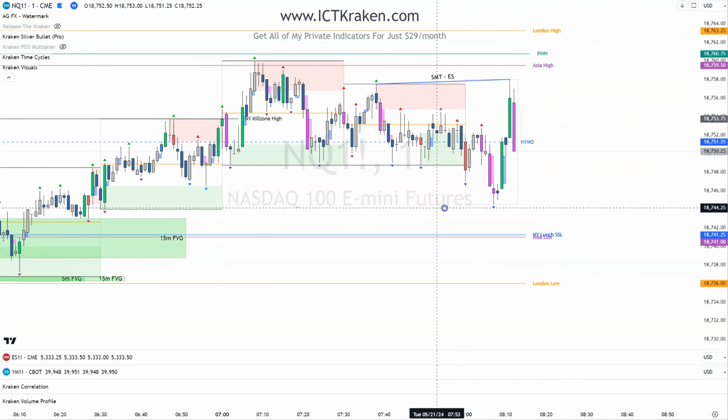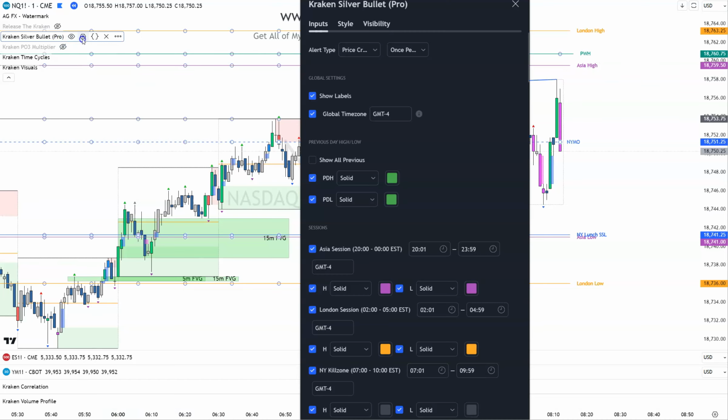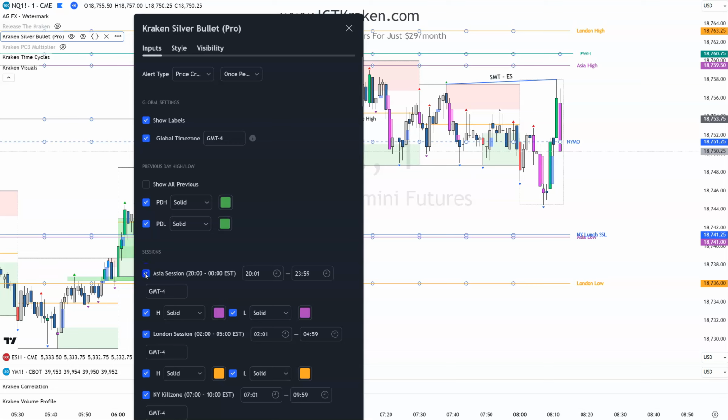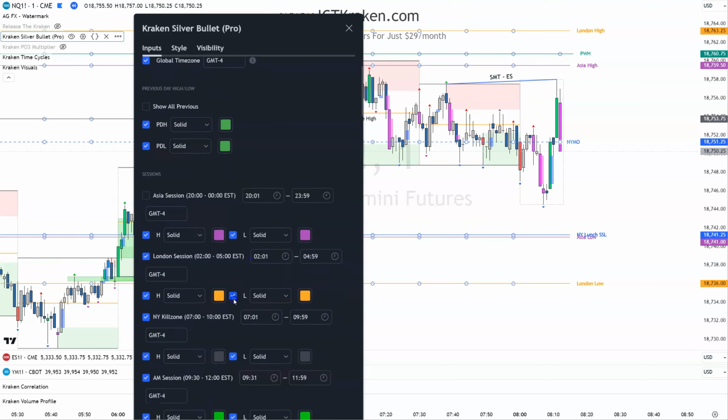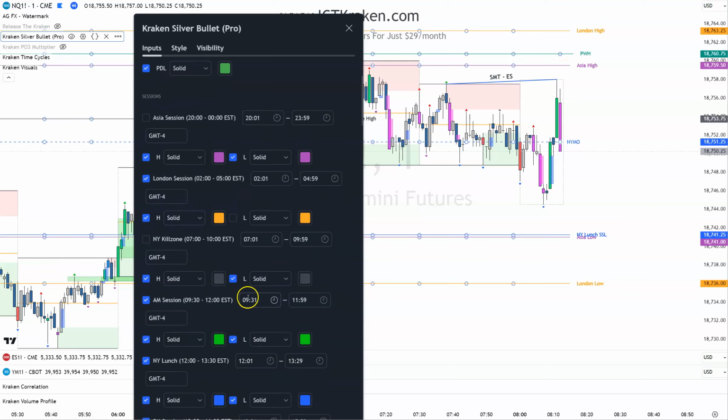All right, let's see. We were looking to see if there's any liquidity left. So Asia high has been taken. Asia low has been taken, obviously. So Asia's gone. London low has been taken. Let's turn that off.